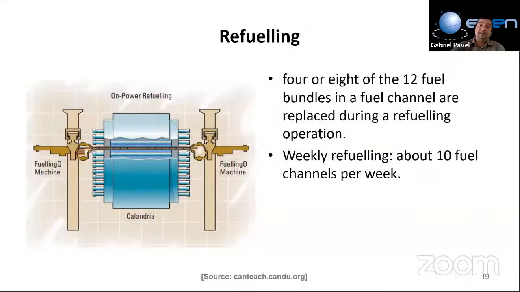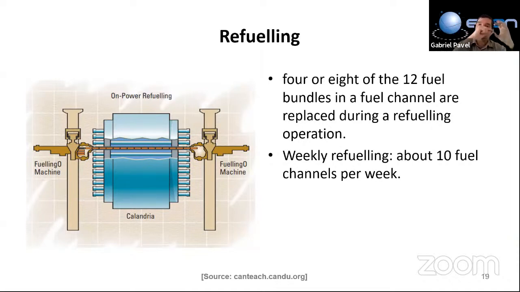Okay, how is it done? The refueling is done by a refueling machine, of course. It's a machine that replaces the depleted fuel with fresh fuel bundles. You have two similar machines, two heads, placed on both sides of this huge vessel called the calandria. Both machines connect to the same fuel channel.